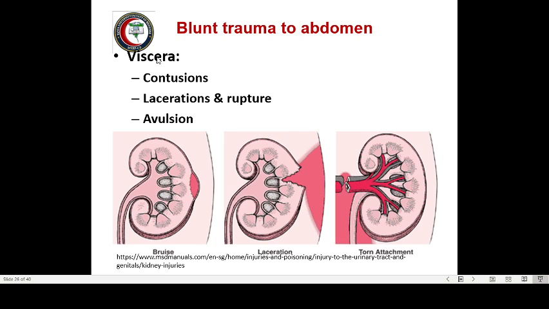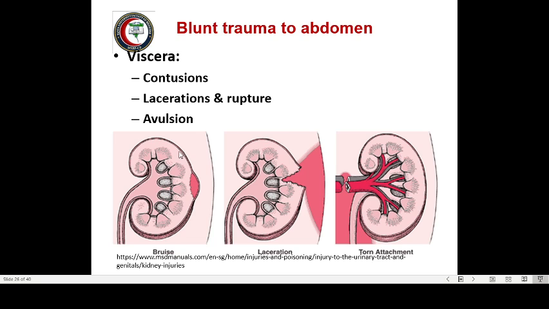The organs may suffer from contusions, laceration, and rupture, and we said this depends on the force of the trauma. And it may suffer from avulsion. What is avulsion? Avulsion occurs in organs which have a pedicle carrying blood supply, lymphatic supply, and nerves to the organ, like the kidney, like the spleen.